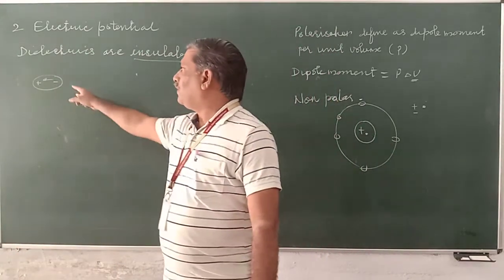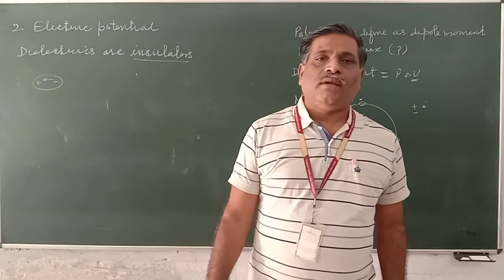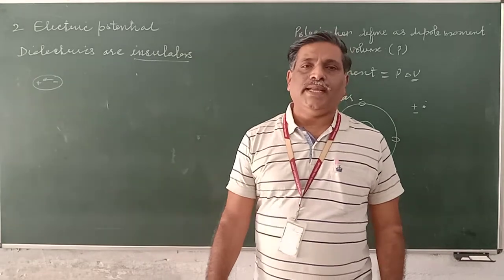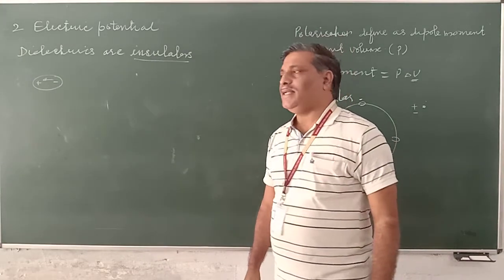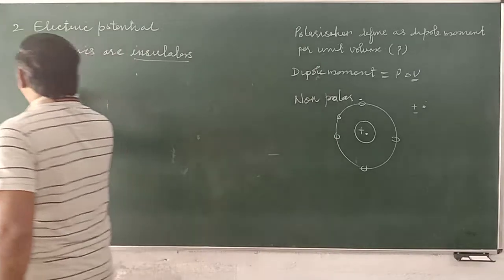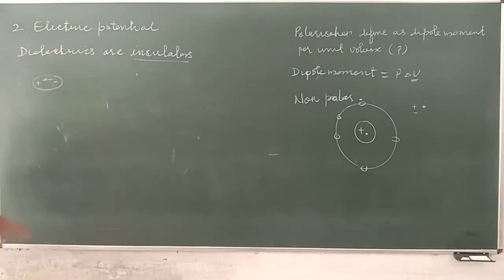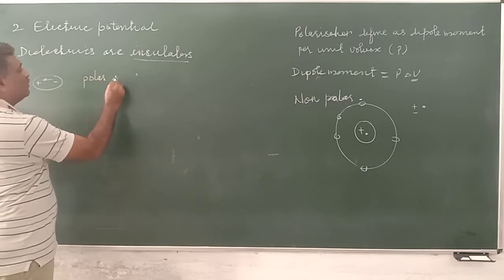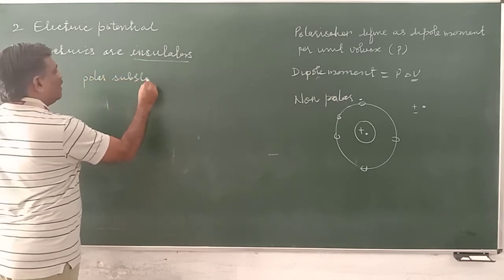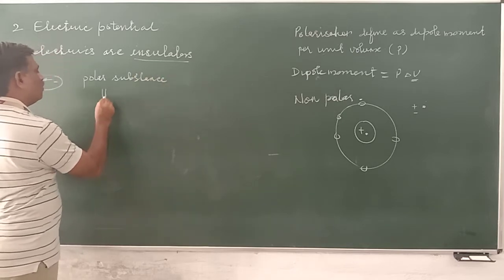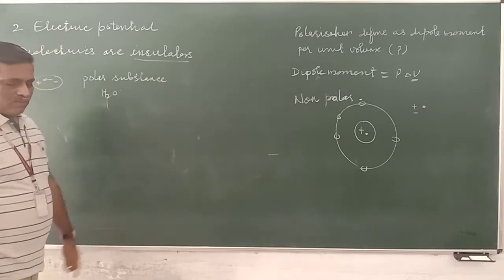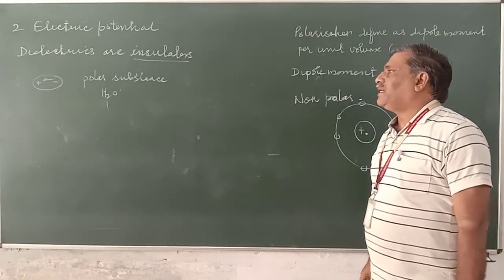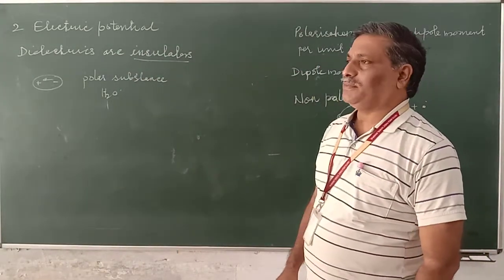There is a slight dipole inside the substance itself. So these are known as polar substances. All asymmetric molecules, like H2O, the water molecule, or carbon dioxide, are polar type of substances.